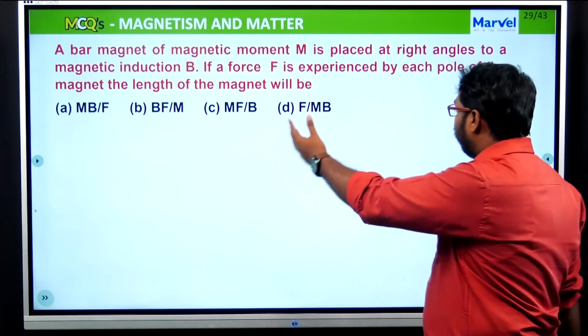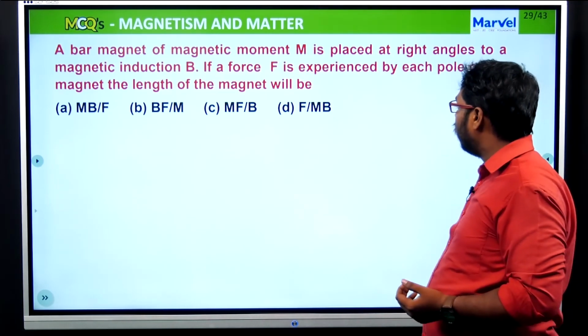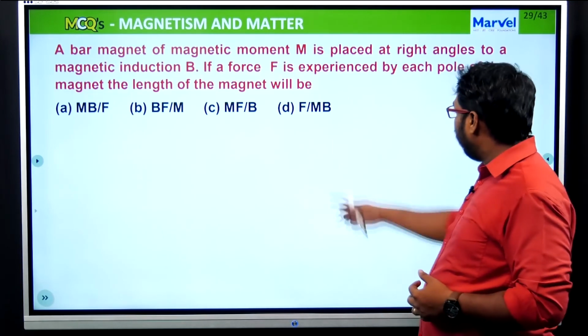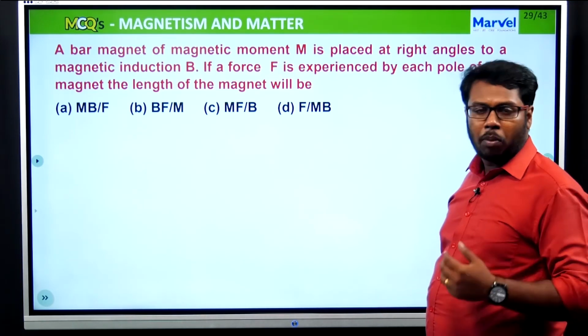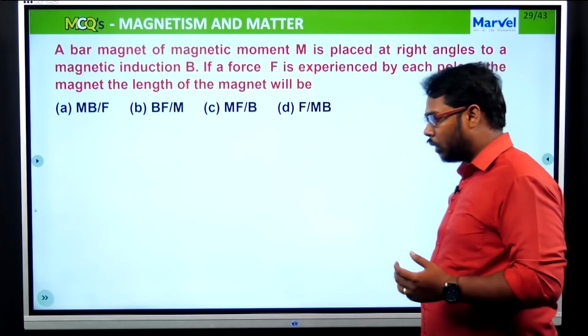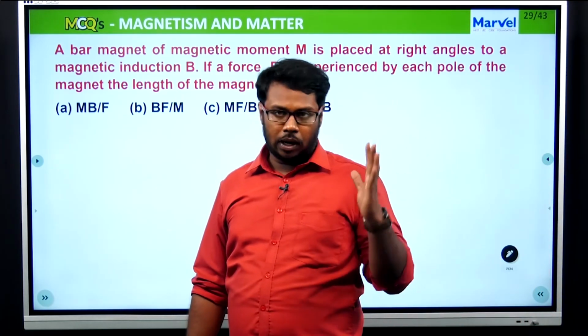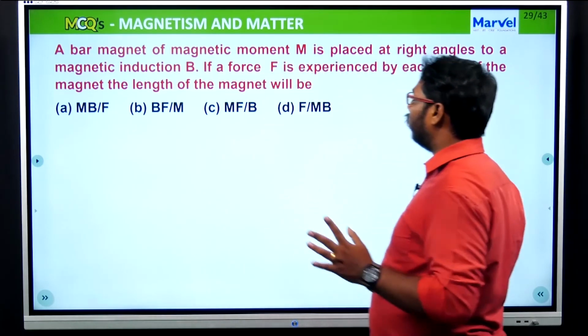F is the force experienced by each pole of the magnet, capital M is the magnetic moment of the magnet, and B is the external magnetic field. In that case, how will you express L is what the question is.